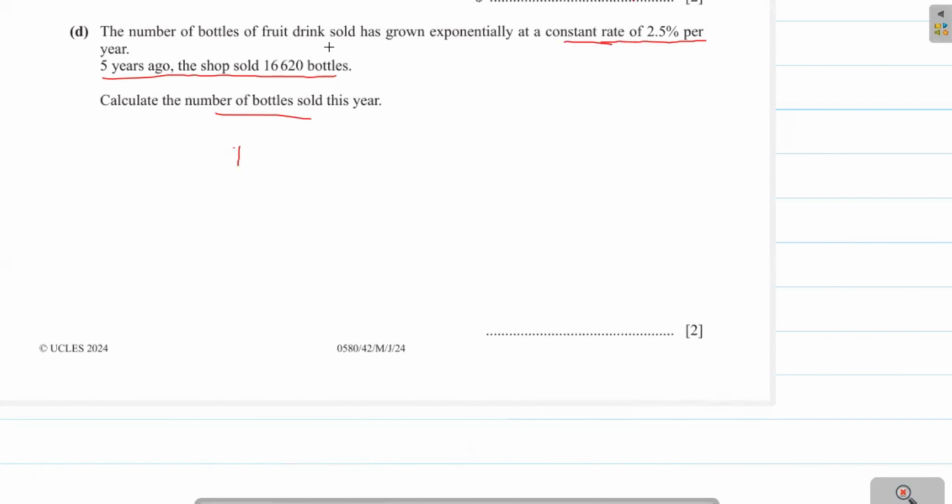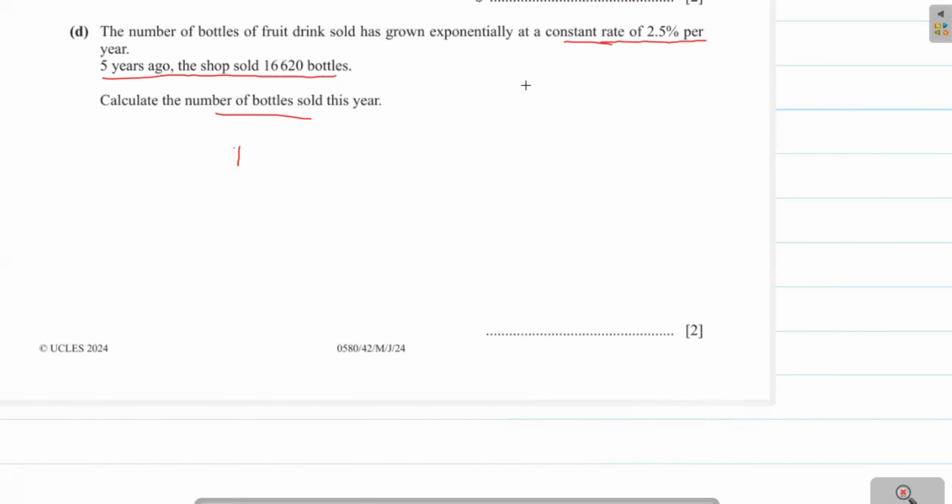Part D. The number of bottles of fruit drink sold grows exponentially at a rate of 2.5% per year. 5 years ago, the shop sold 16,620 bottles. Calculate the number of bottles sold this year. To calculate this, the number of bottles increases exponentially.